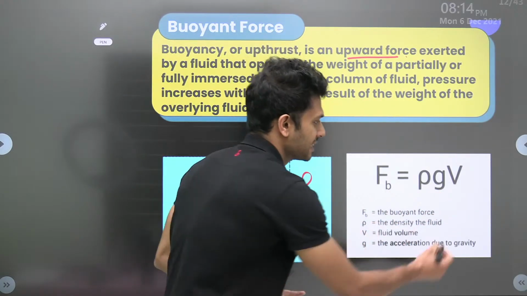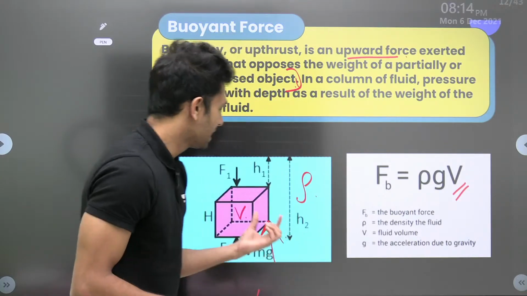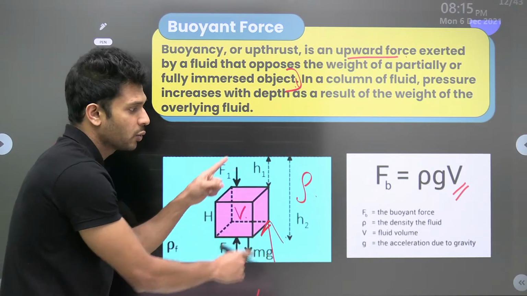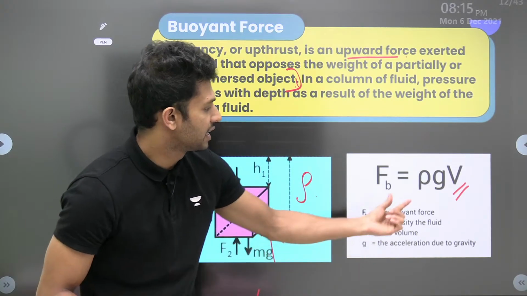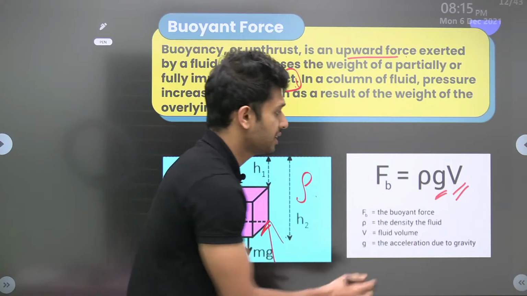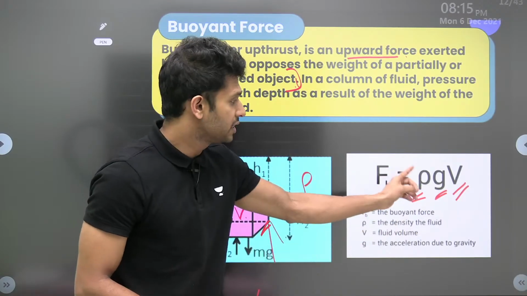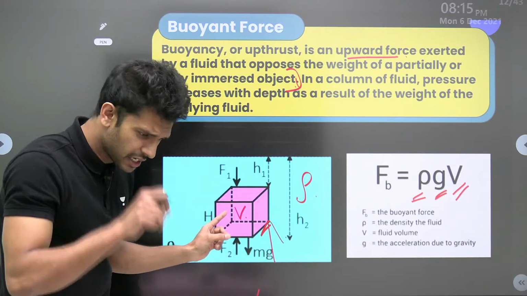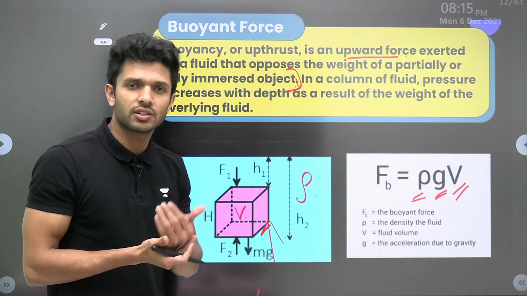What is V? Is it velocity? V is the volume of the body that is immersed inside the liquid. G is the acceleration due to gravity. Then rho. Don't make a mistake here. Rho is not the density of the material. Let's learn without any conceptual mistake.